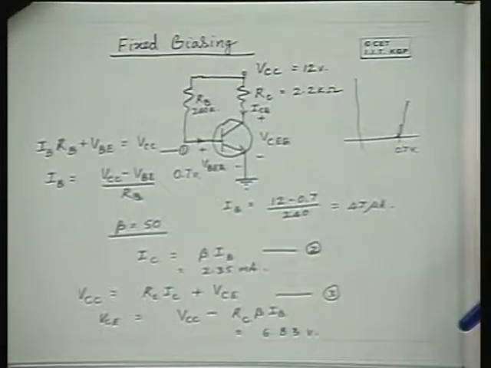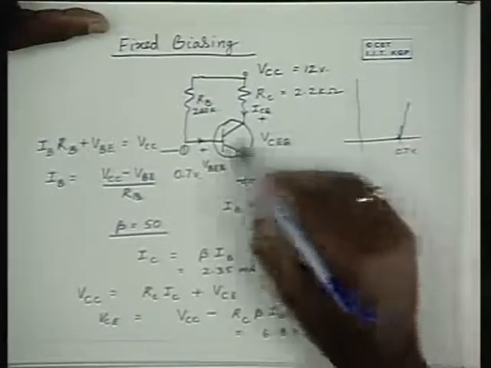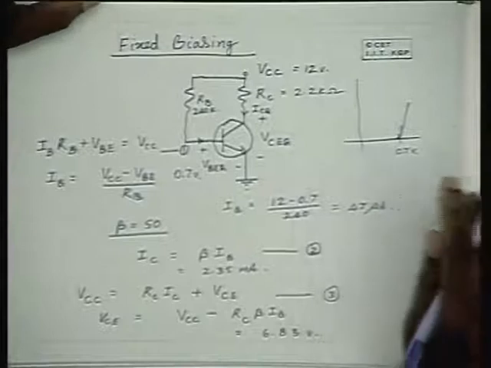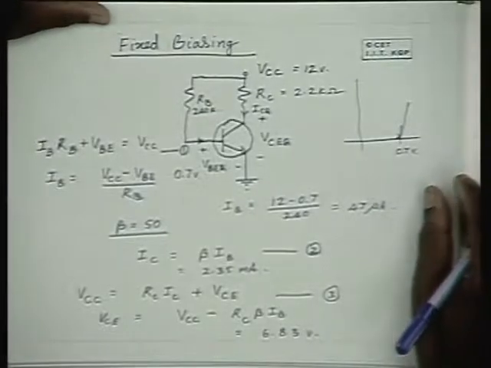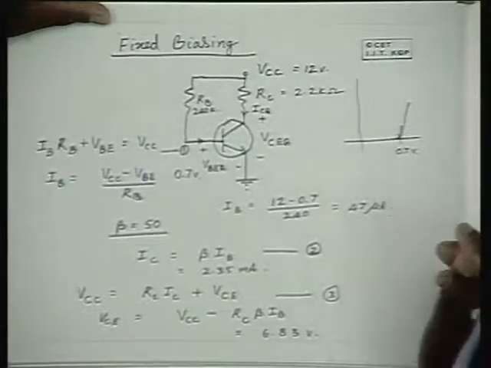This is VCE. Now if this transistor with beta equal to 50 is replaced by another transistor with beta equal to 100, let us see what happens.